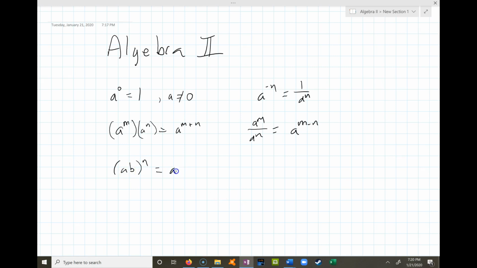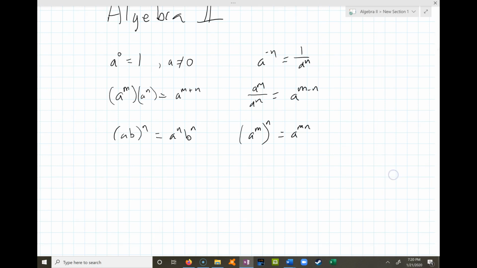So you could rewrite this as a to the n and b to the n. And then finally, last but not least, a to the m raised to the n is equal to a to the m times n. So when we're raising a power to a power, you can just multiply the exponents. So those are some basic properties that you should already know. So let's put them to work.